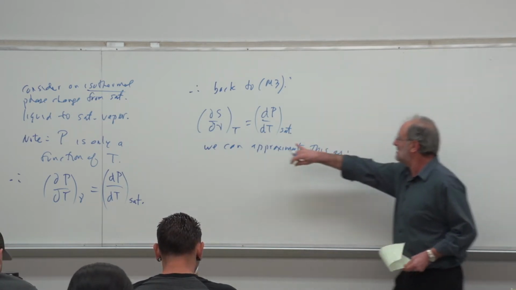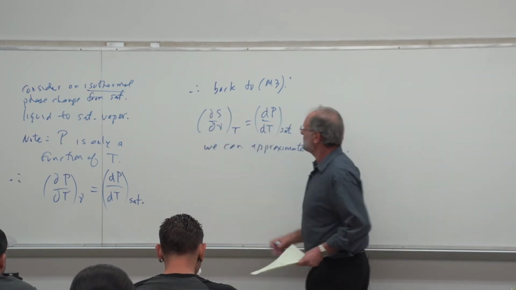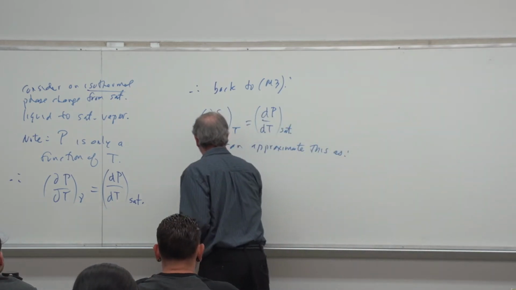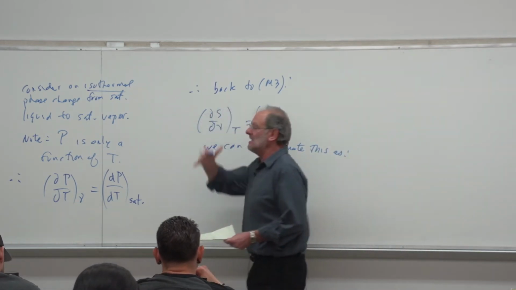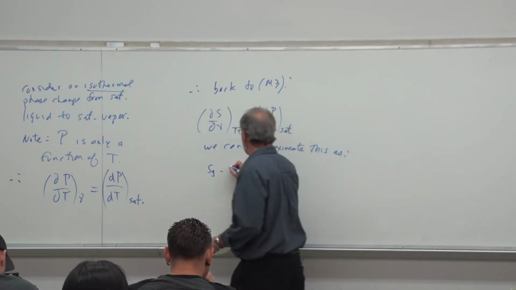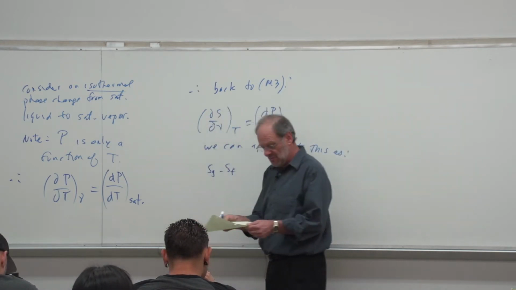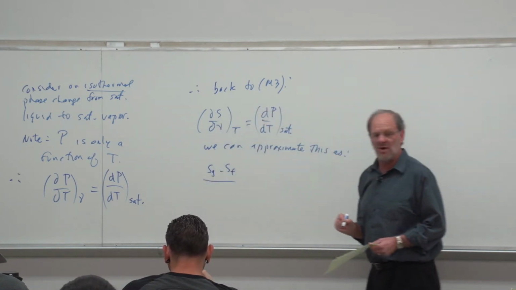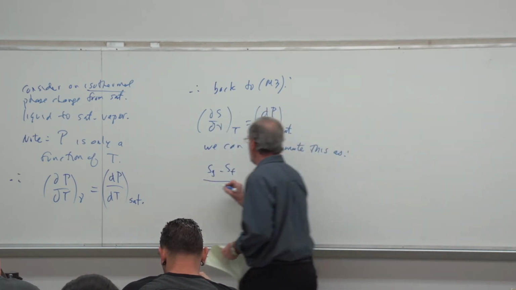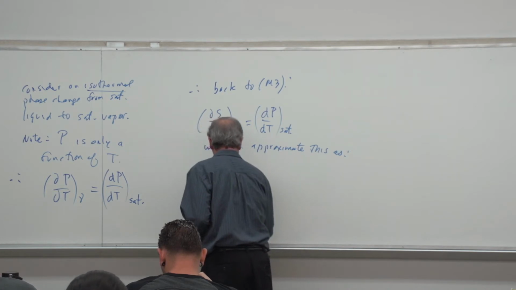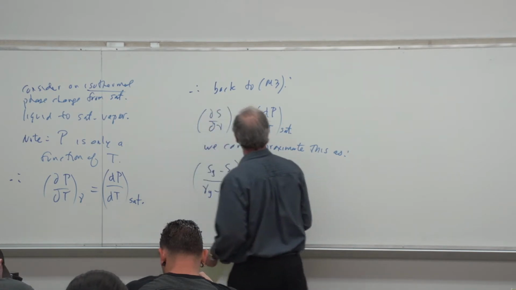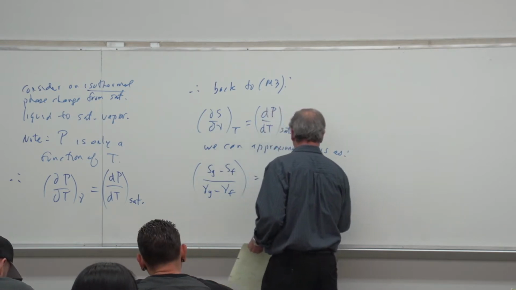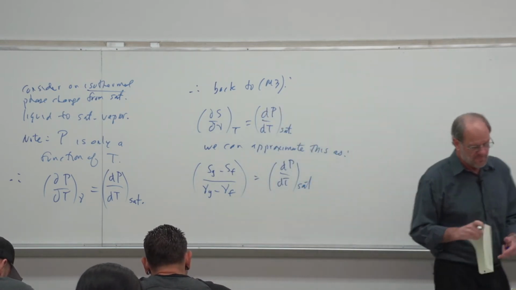Well, if it's a constant temperature process, then instead of del S, del V, we'll note this is S at the end of the phase change minus S at the beginning. So we'll write this as Sg minus Sf. And in the denominator, the change in specific volume is just Vg minus Vf. Okay, so this then equals dP dT in the saturation region.